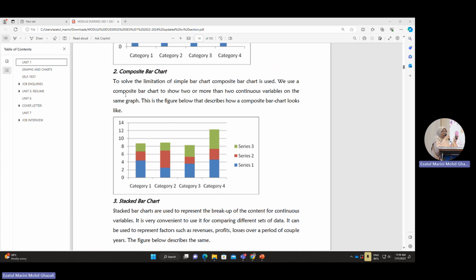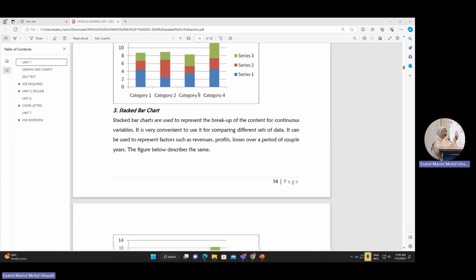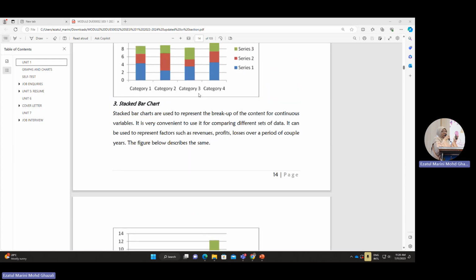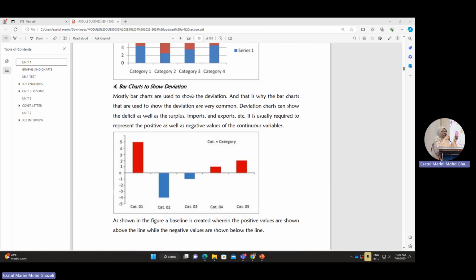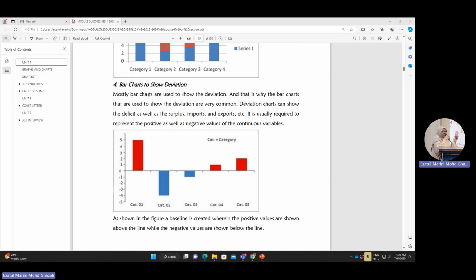And then we use composite bar chart to show two or more than two continuous variables on the same graph. Okay, so stack bar chart and composite bar chart is basically the same, right? What is bar chart to show deviation? Okay, you can have negative and also positive. The deviation means perbezaan. All right.